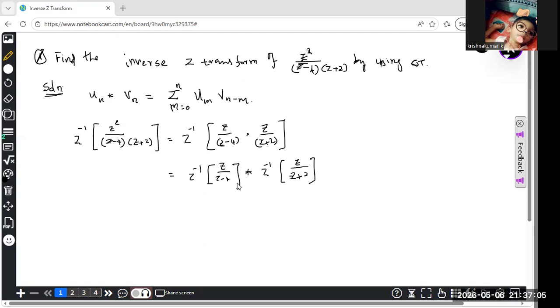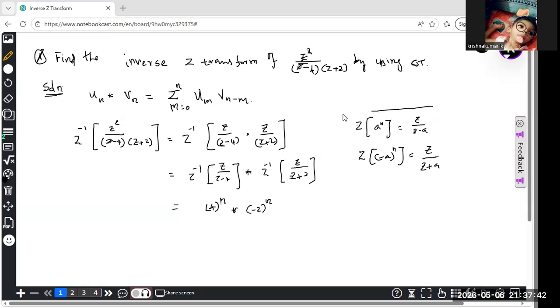So the resultant expression here is 4 power n, star, and the inverse Z transform of z by z plus 2 is minus 2 power n. Because already you know that the Z transform of a power n is equal to z by z minus a. Similarly, the Z transform of minus a whole power n is equal to z by z plus a.